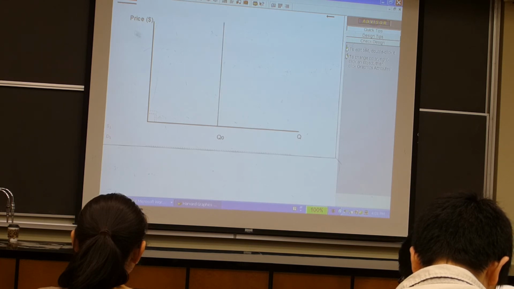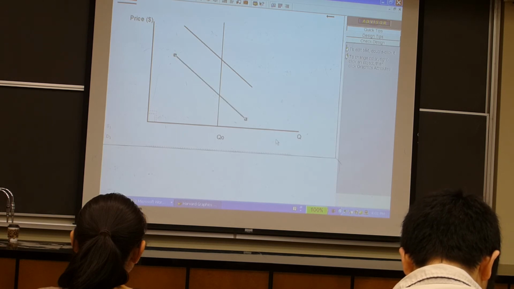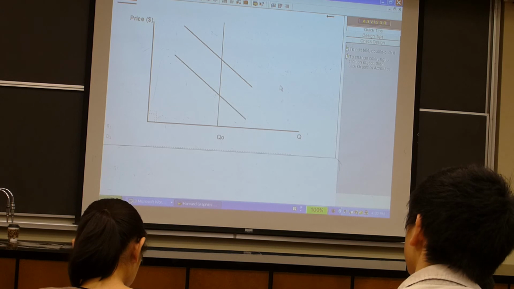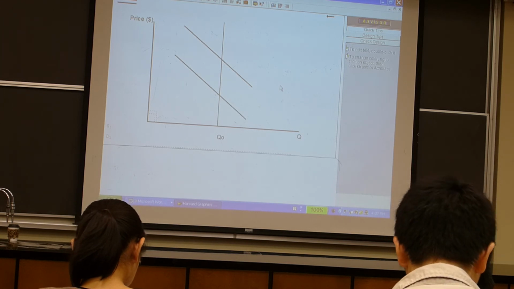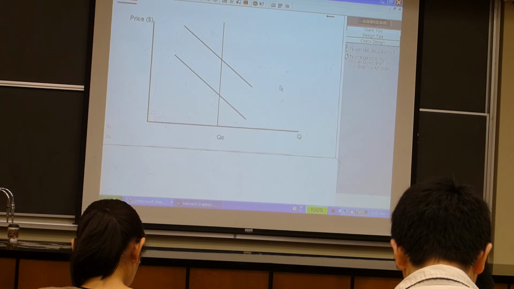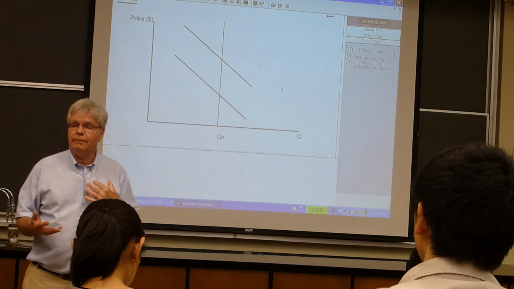And if that's the case, the only thing that determines price is demand, right? So basically Marshall showed, if you consider supply to be perfectly elastic, then only supply determines price. If you consider supply to be fixed, perfectly inelastic, then only demand determines price.